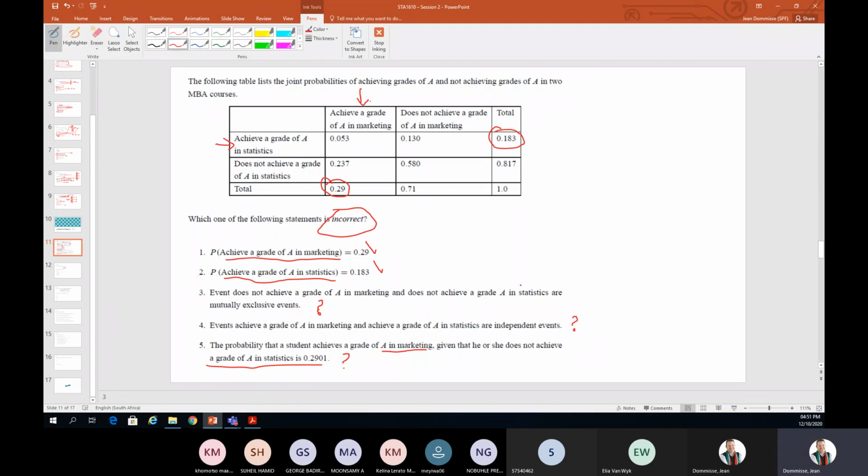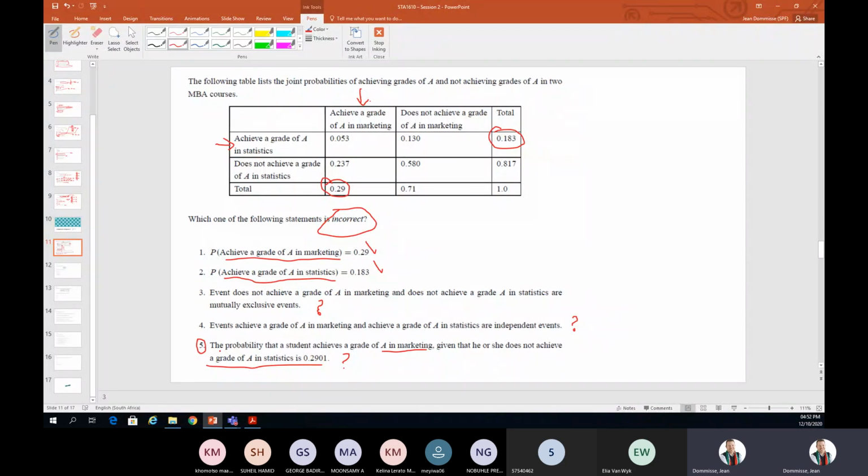Okay. So the event does not, and we're looking for the incorrect one. So let's first try to do this one. So how would you have done option 5?